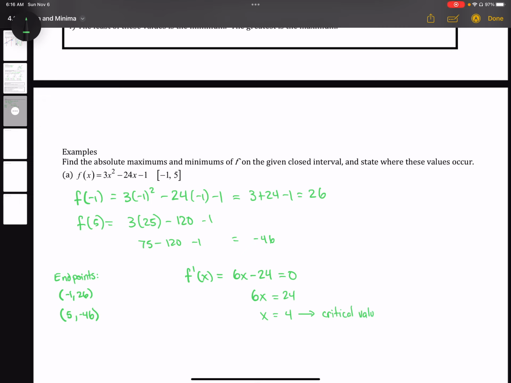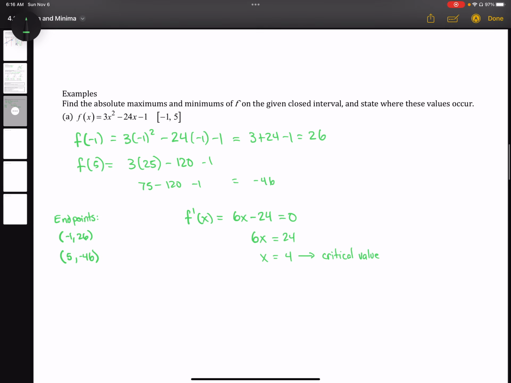To find the critical point, we take that 4, substitute it back into the original function. So we'll call this our critical point. And if we substitute in 4, let's see what we get. So f of 4 is equal to 3 times 4 squared is 16 minus 24 times 4 minus 1. So that's 48 minus 96 minus 1, which is negative 49.